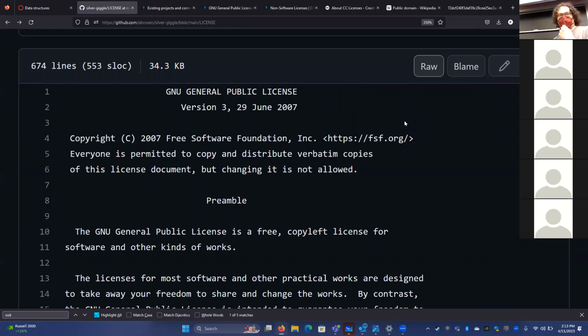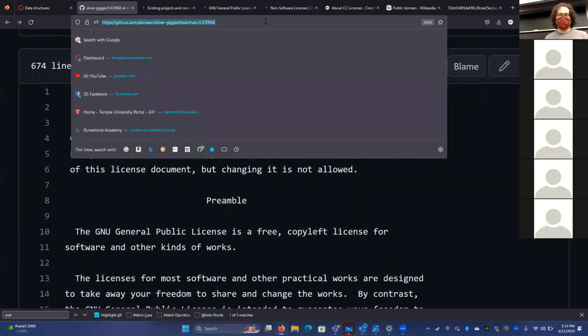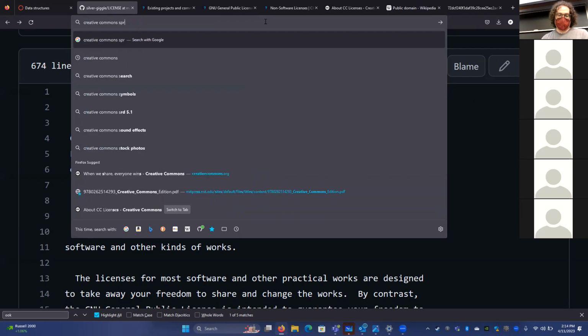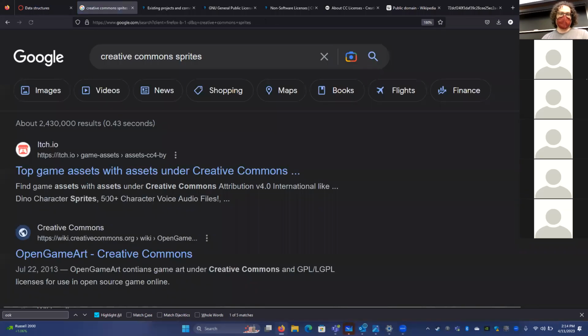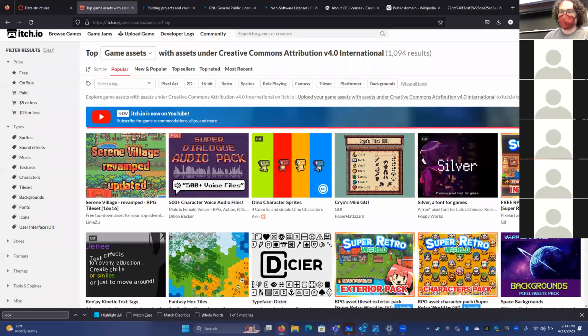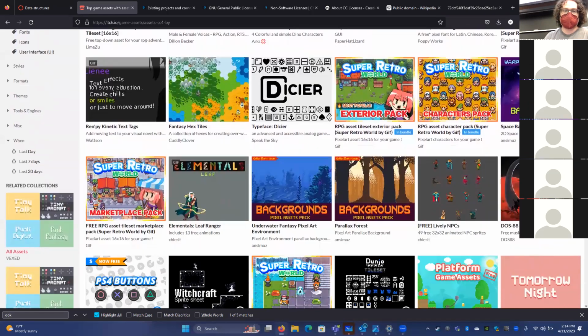Okay. But the end of the story is that basically for a lot of video games, you can look for stuff like Creative Commons sprites. Here, itch.io, top game assets with assets under the Creative Commons license, right? And tons of things over here where you can just download stuff.